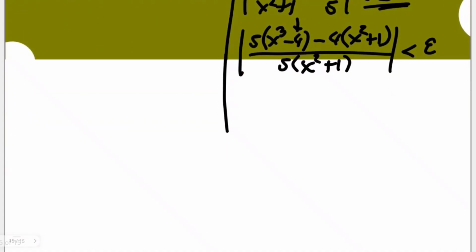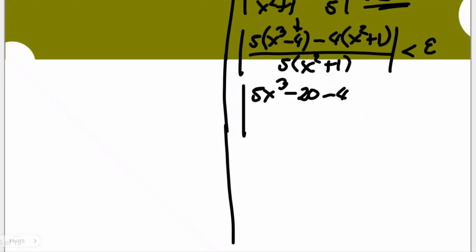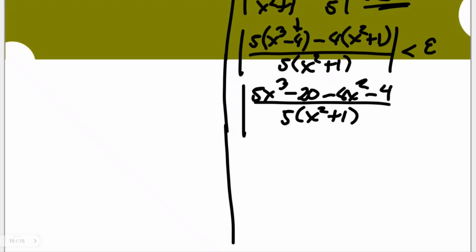Now moving forward, I might also be needing additional space here, so please be guided with that. You will have here 5x cubed minus 20 minus 4x squared minus 4. This is the result all over. Let's not multiply the factors of our denominator just for the purpose of our discussion here. Let's have it like this.